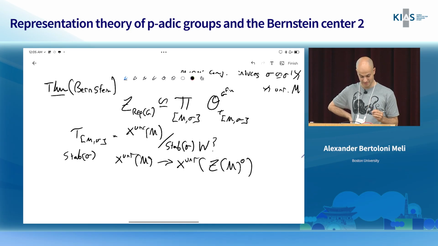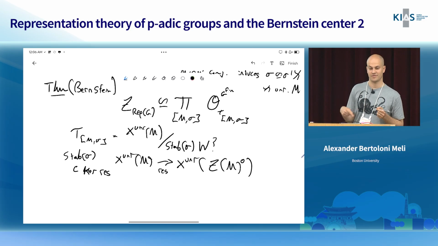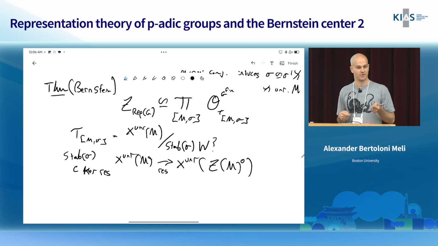The point is that Stab sigma has to live inside the kernel of res, because if you don't, then when you twist by your unramified character chi, you're moving the central character by some amount. But this kernel is some finite thing, so this stabilizer has to be very small.